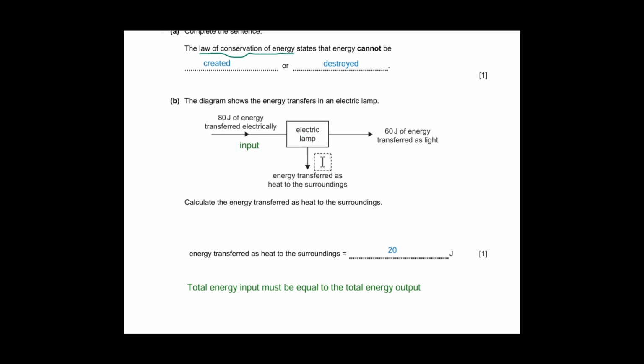So what is the output? The output comes in 2 forms. Some parts have been converted to heat, whereas other parts are transferred into light energy. The total output must be equal to the total input. So if the light energy is taking 60 joules, the heat energy must take the remaining joules, which is 20. I hope that is clear.